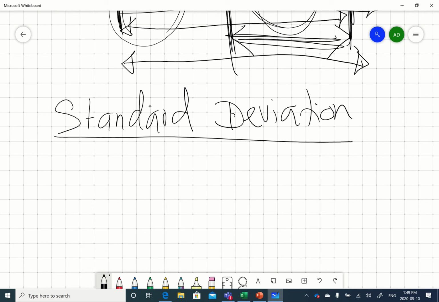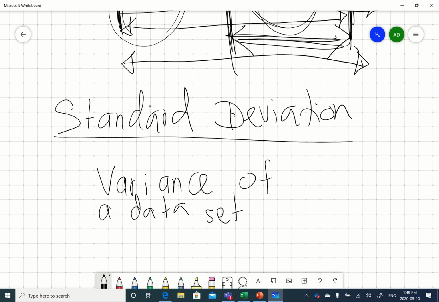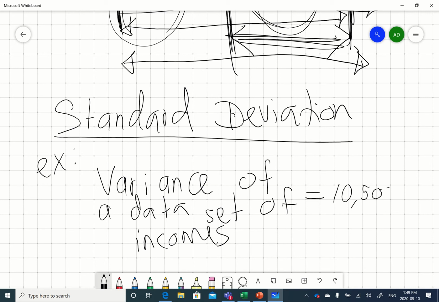So if you calculate the variance of a data set of incomes, I'm just taking an example, we have a list of incomes and I calculated the variance. The variance is going to be a value like, let's say, $10,500. The unit is dollar square. So variance is a squared value.